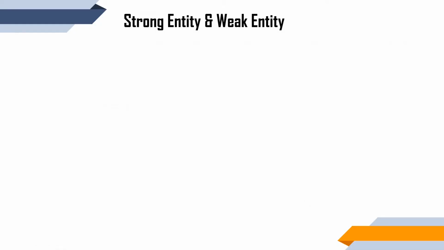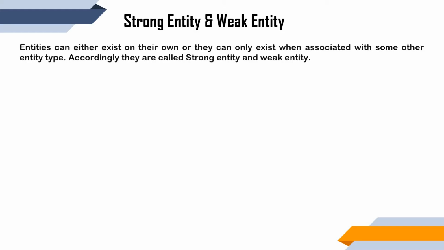Now we will see what is strong entity and weak entity. Actually, entities can either exist on their own or they can only exist when associated with some other entity type. And accordingly, the first type will be called strong entity and the second type will be called weak entity.